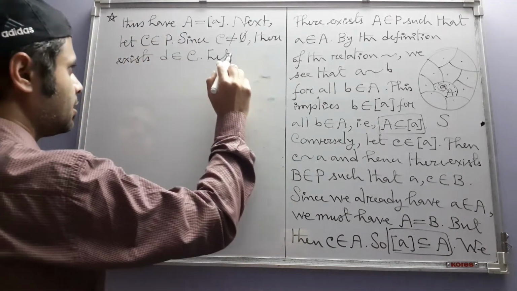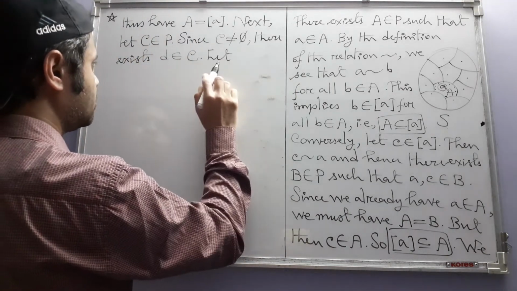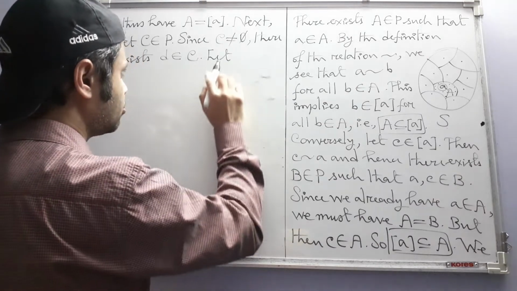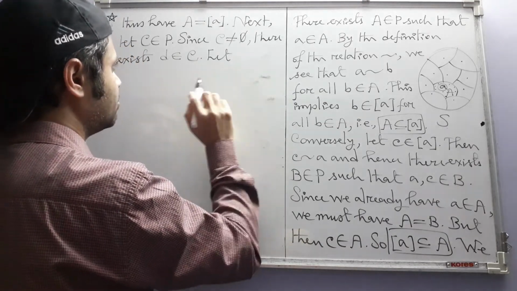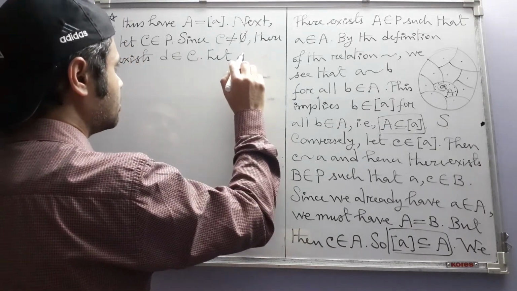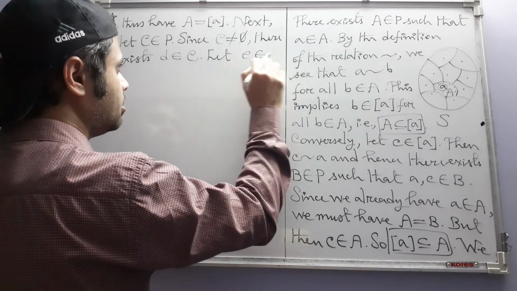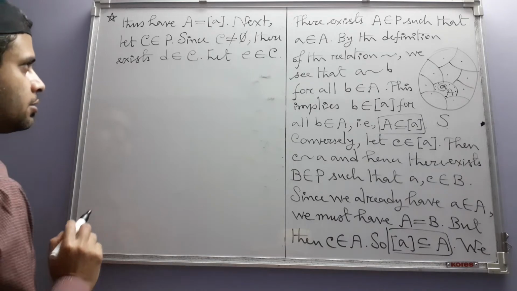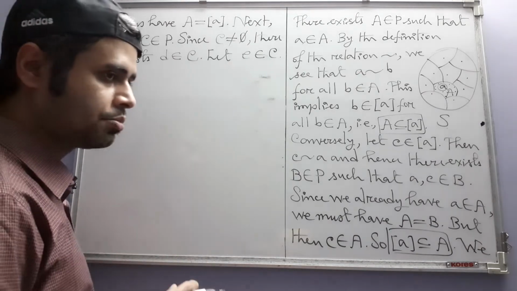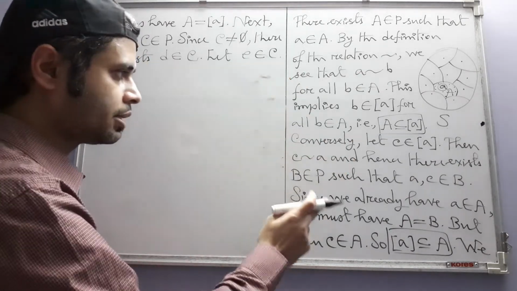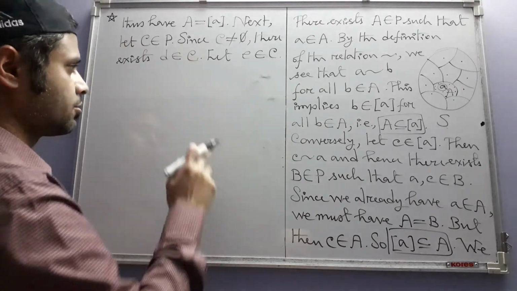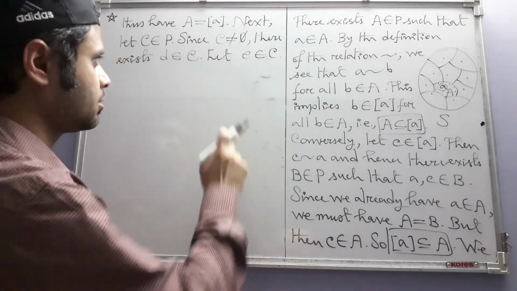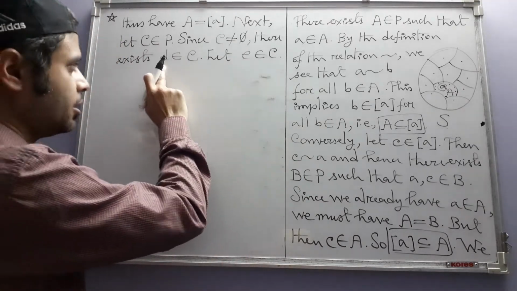So without thinking much about the situation, let's just get down to showing that this is equal to the class of D. So let us choose any element E belonging to C. Since D and E both belong to the same set C in the partition, according to the definition of our relation, E and D will be related.